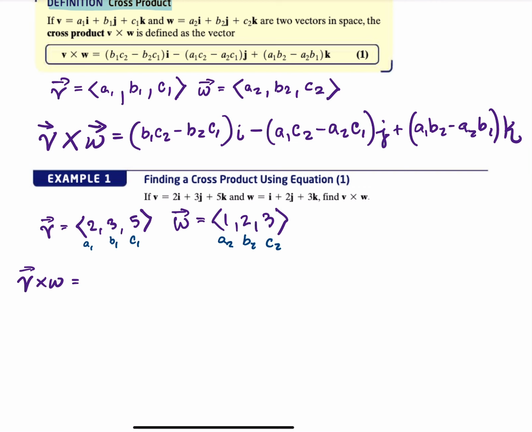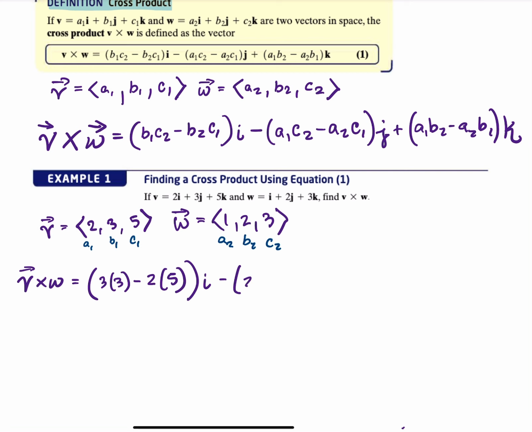So v cross w, the first term will be b1c2 minus b2c1. So that would be 3 times 3 minus 2 times 5. That would be our i term. Then minus a1c2 minus a2c1.